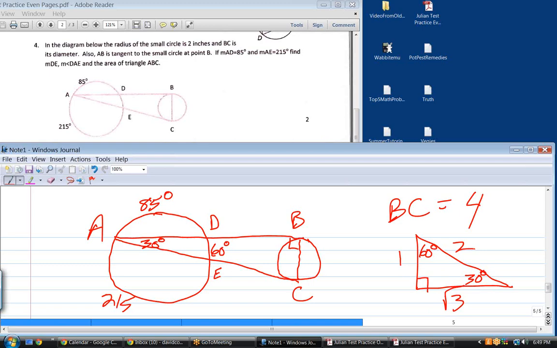Our triangle ABC is similar to this triangle, right? Has to be. It's got the same three angles, 30, 60, and 90. The only difference is what's the scale factor? How much bigger is each side over here than in my unit one?